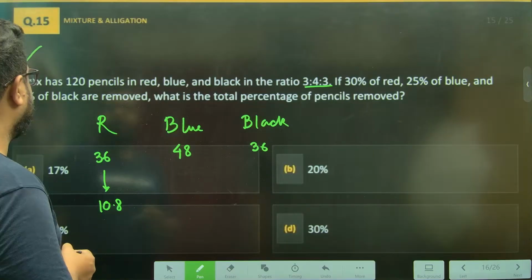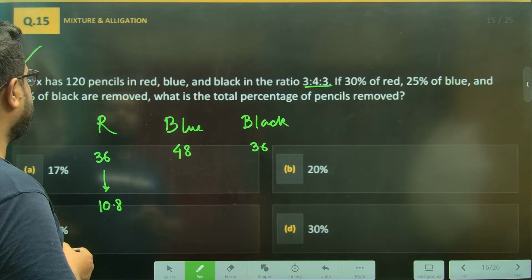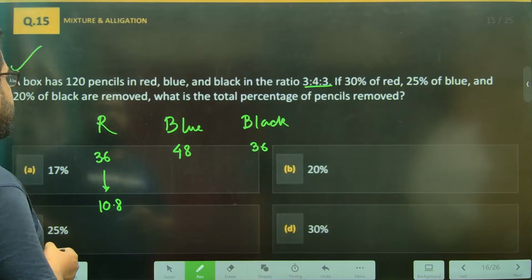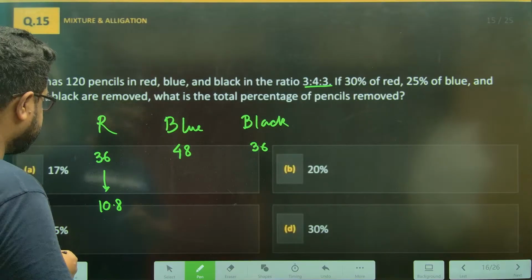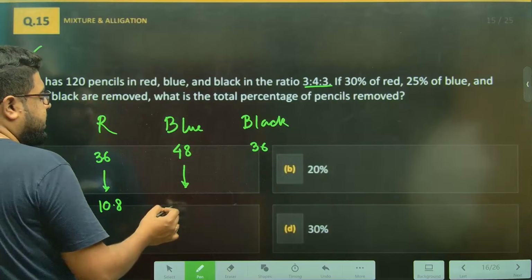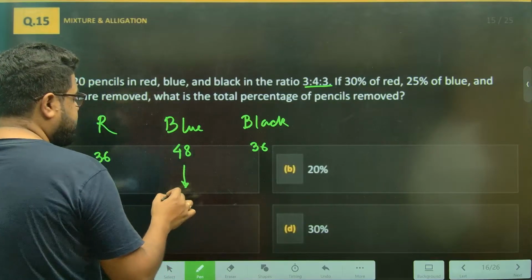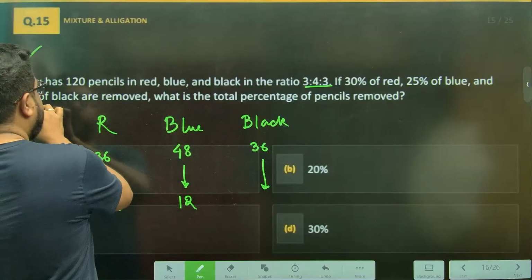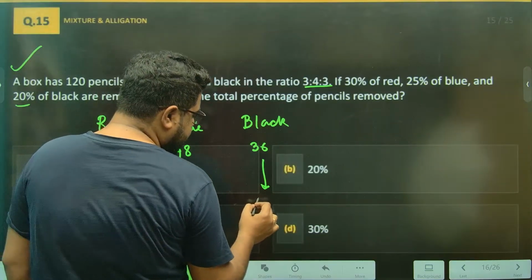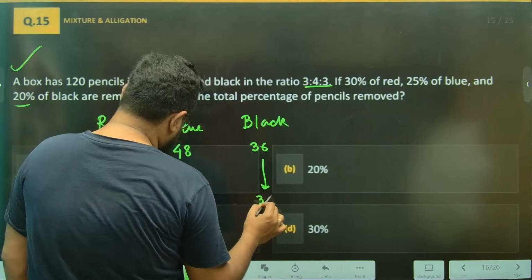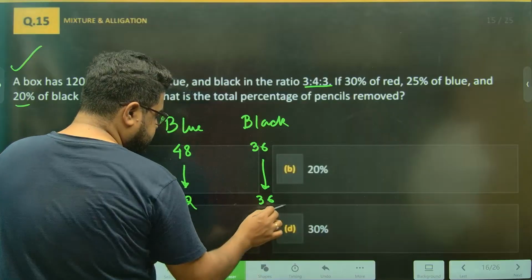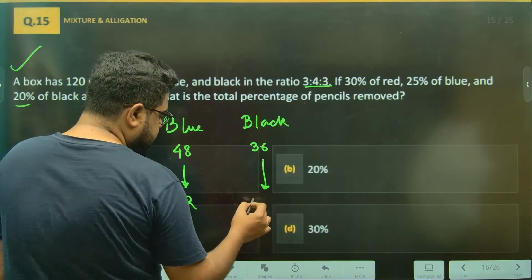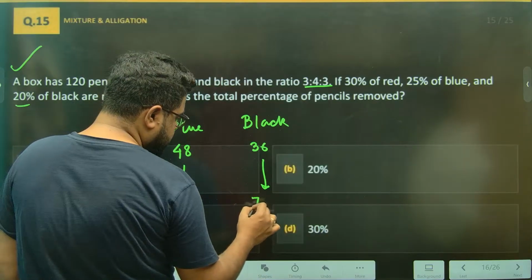One second, sir. Okay, it will be a fraction. Technically, it should not be. This is 12 pencils, 25%, and 20% of black meaning, again, I'll get the same problem. 36 by 5 is 7.2.